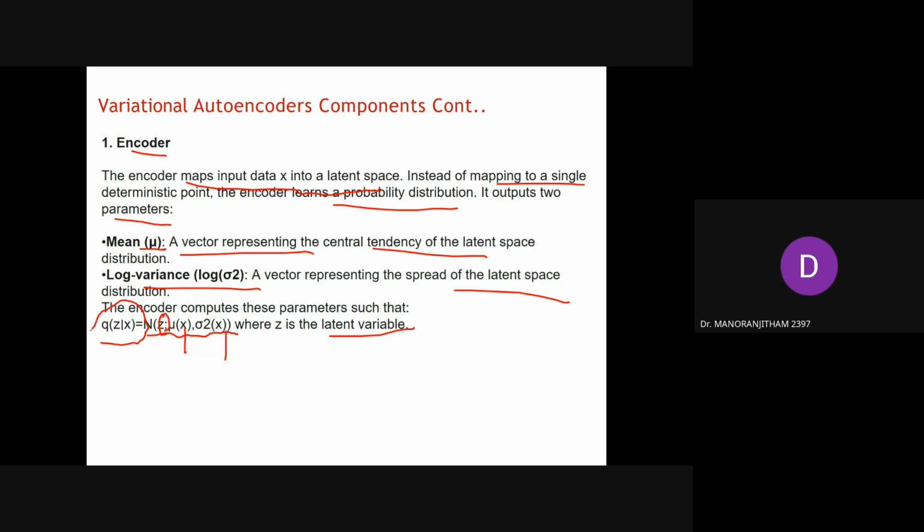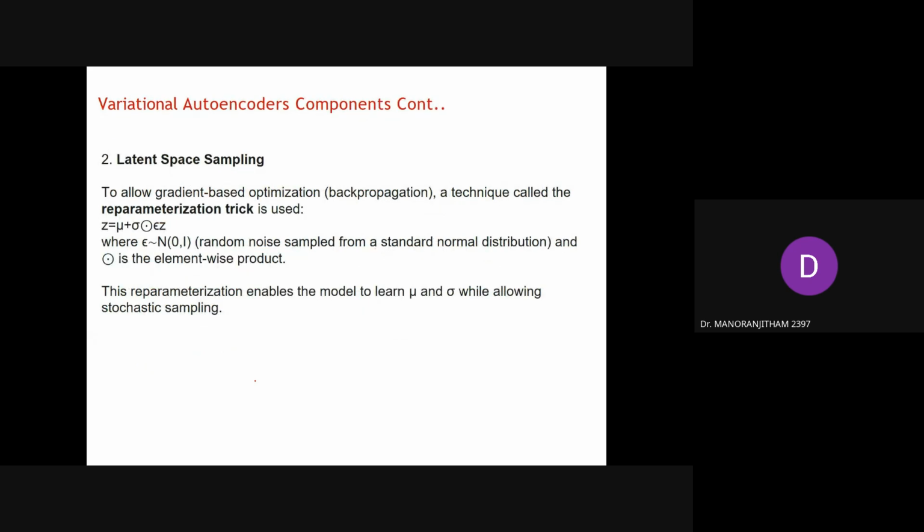So q, the encoder, computes Z given x, which is a normal distribution N of mu and variance.